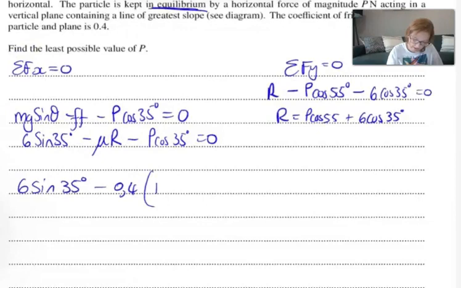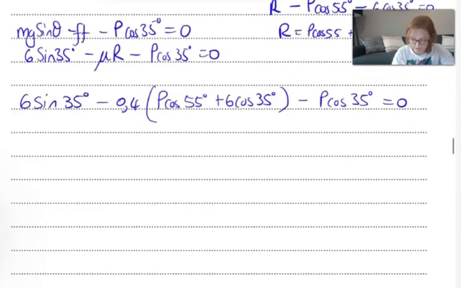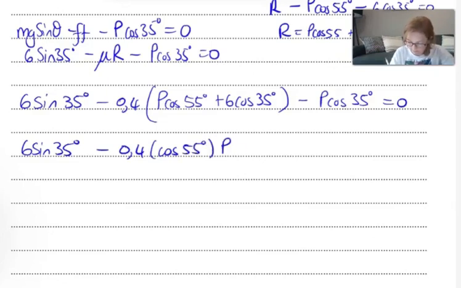My R is P cos 55 plus 6 cos 35. Now I've only got P's. That's nice. I got rid of a variable. It's still looking kind of complicated. You can always just plug these things into your calculator and get numbers instead of trig, but I'm going to keep it for now. I like to practice keeping all my decimals. Then we have minus 0.4 times 6 cos 35 minus P.